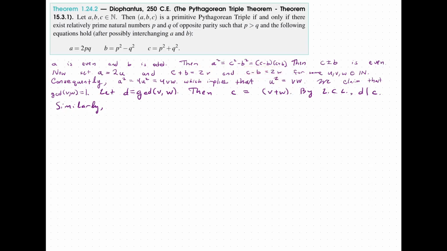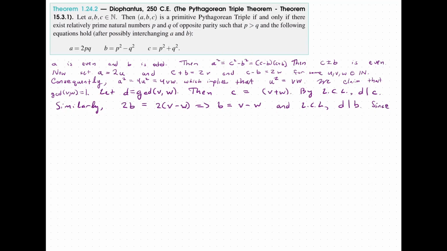Doing so is going to give us 2b is equal to 2 times (v minus w), which tells us that b is equal to v minus w, and once more by linear combination lemma, d now divides b.